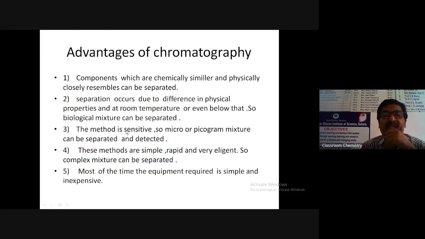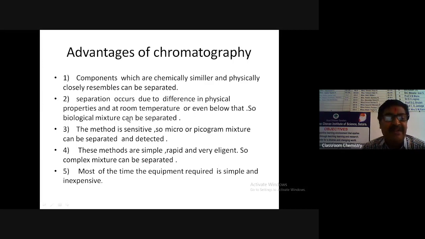We have seen the advantages of chromatography. The components which are chemically similar and physically closely resemble each other can be separated. This is the first advantage. Second advantage, separation occurs due to difference in physical properties and at room temperature or even below room temperature, so biological mixtures can be separated.